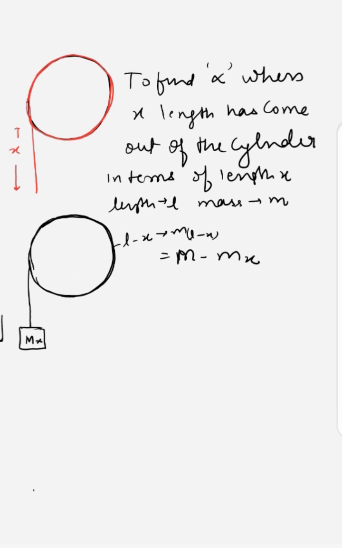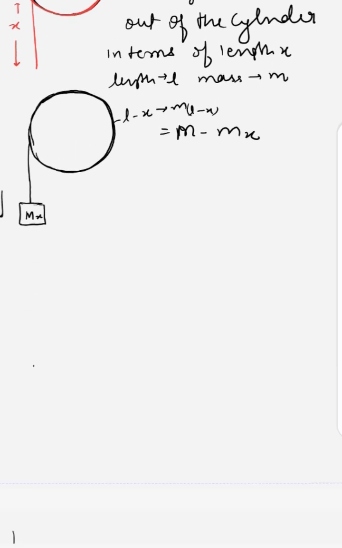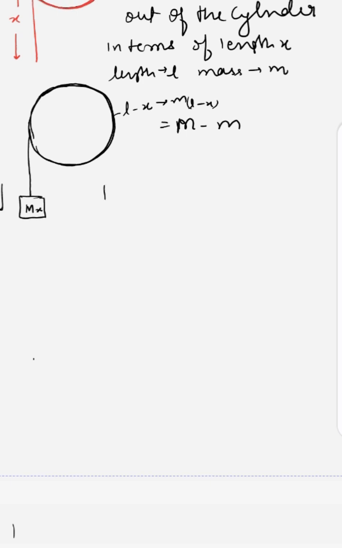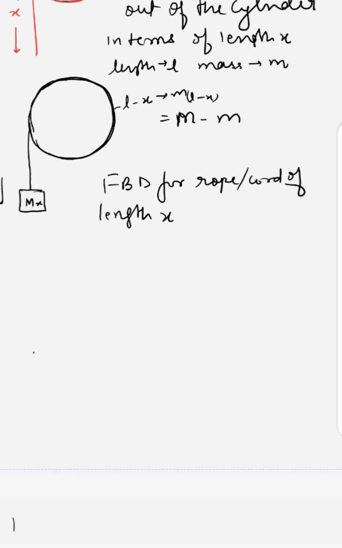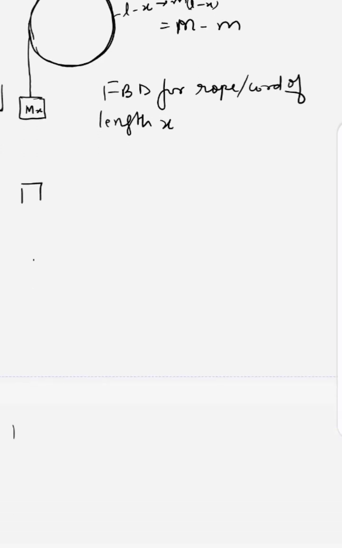First we'll draw a free body diagram. FBD for rope or cord, whatever you say, of length x. Now we're drawing the diagram of it. So this is the free body diagram of the block.